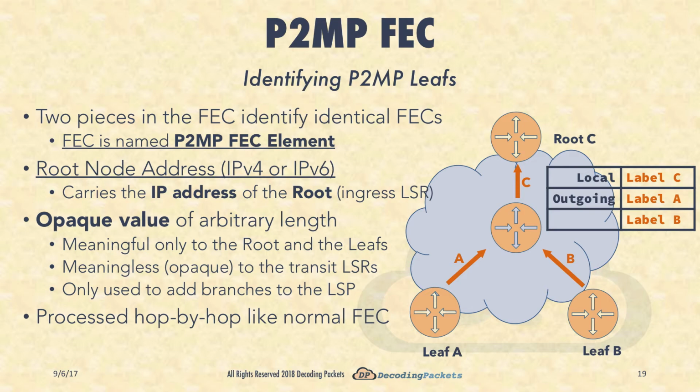Now it should be obvious to most how this field should be populated. But in case there is any doubt, yes, it contains an IPv4 or IPv6 address, most likely of the loopback that resides on the root, but it has to be associated with the root. That is the one thing. So IPv4 address associated with the root.